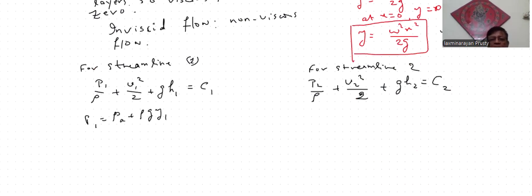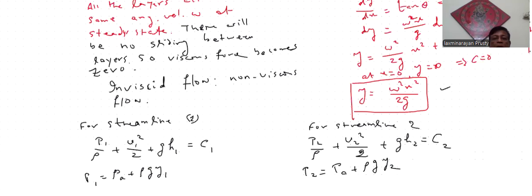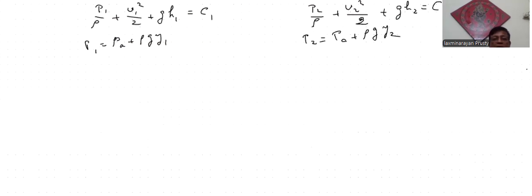What is P2? PA plus rho G Y2. Now come to velocity. All are moving with the same omega. If the radius is R1, this radius R1 and this radius R2, so R2 is bigger than R1. It is something like this. I've seen roughly this one.